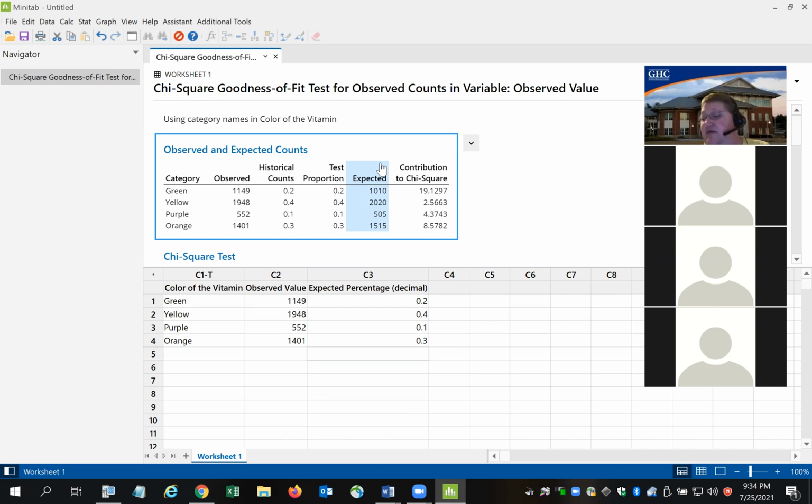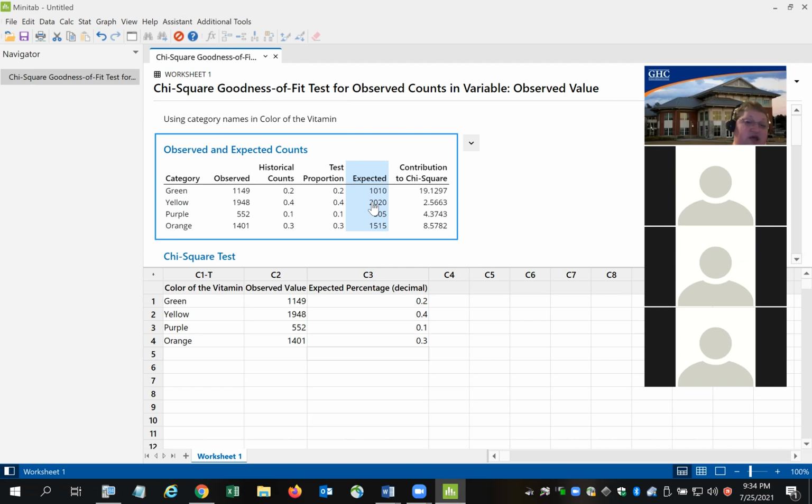Okay. Minitab has calculated those for me. In this very top table on the results, observed and expected counts, it has the category, it has the observed, it has the proportion that I told it, and then it has calculated the expected.